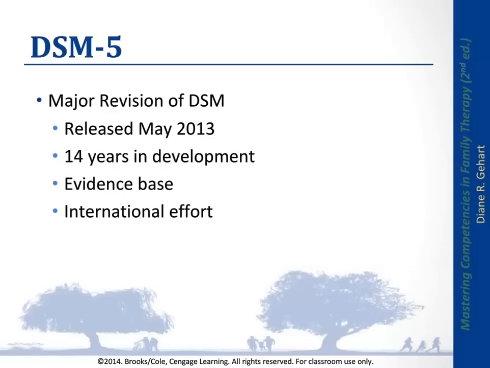The revisions were a collaborative process between the World Health Organization and the American Psychiatric Association, and there was an international co-chair for all of the work groups that drafted the new criteria. 30% of each task force needed to be international, not American, basically. And so there was a real intentional effort to make this document applicable across cultures.